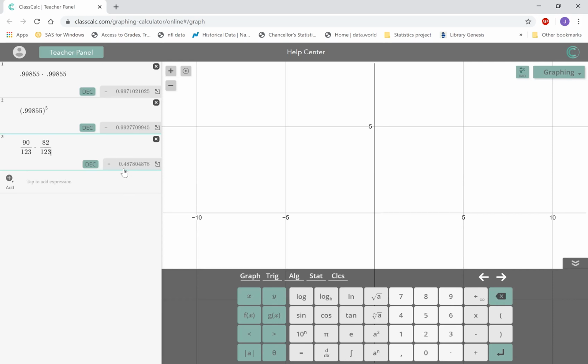If you look right here, we get 0.4878. That's exactly what we got for the left-hand side. So let me put that, 0.4878.